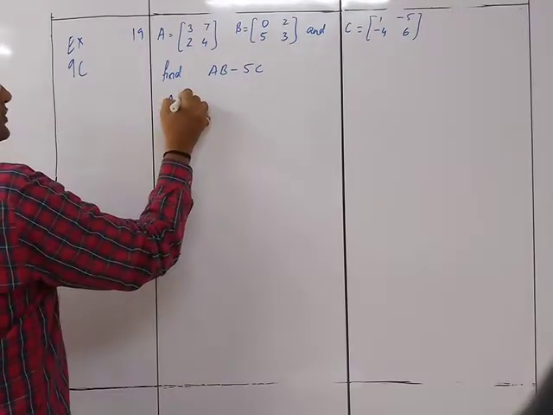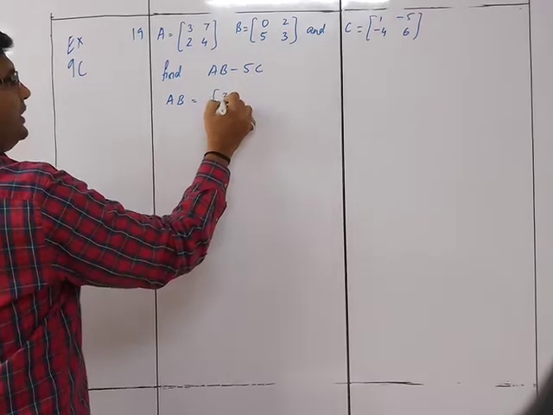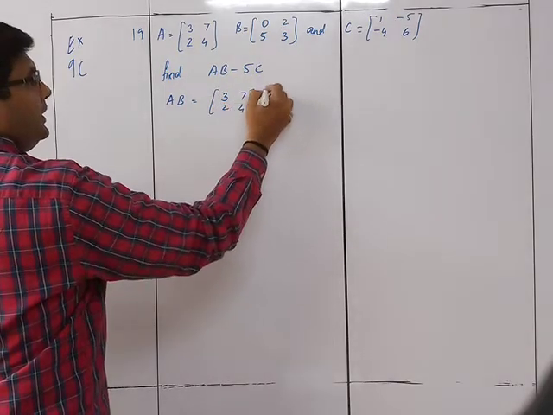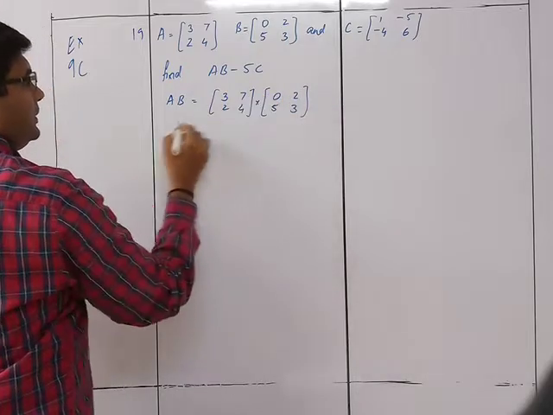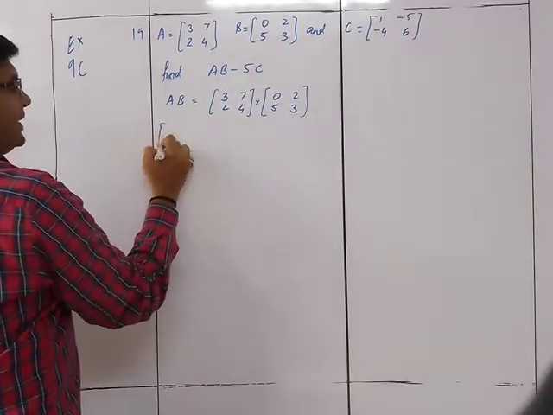You need to find out AB first. AB is nothing but [3 2; 7 4] into [0 5; 2 3]. It's a 2 by 2 matrix, so I am writing it 2 times.